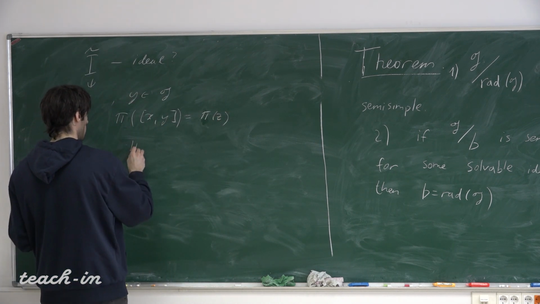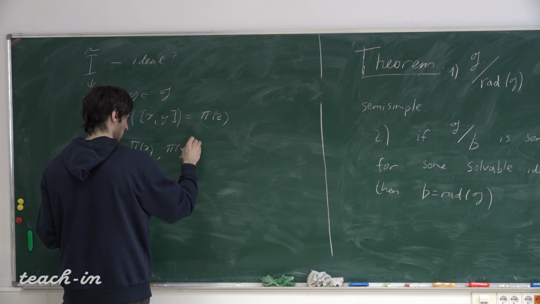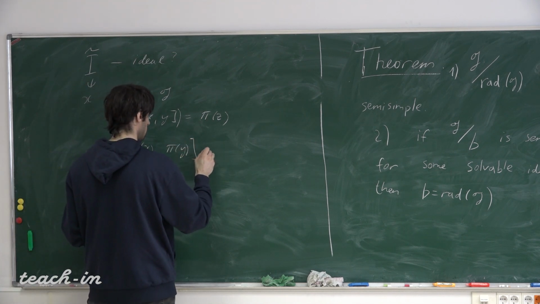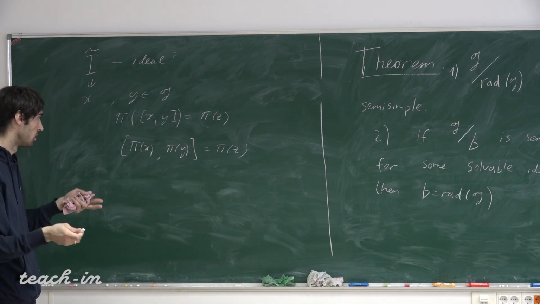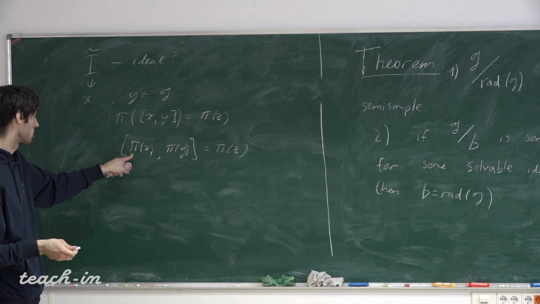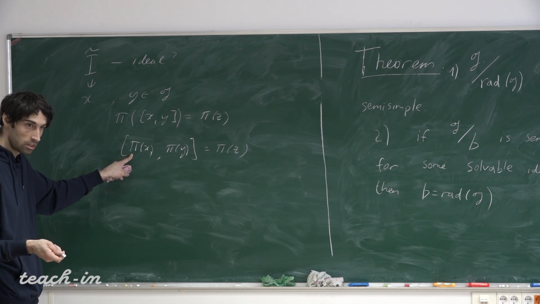So I have the commutator of pi of x and pi of y equals pi of z, because pi is a homomorphism of Lie algebras, but pi of x is inside I, which is an ideal.